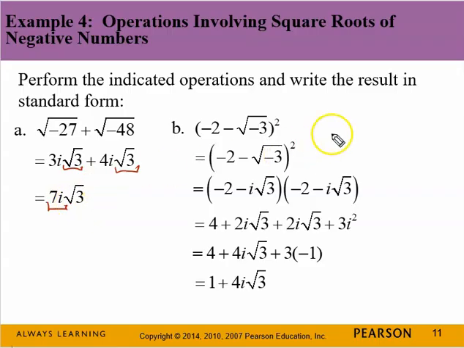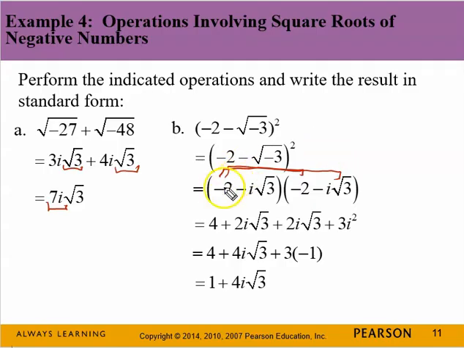Okay? Now here we're squaring this binomial, and again, what we have to do in this square root of negative 3 is take the i out. And we can expand it like so, and then FOIL. So negative 2 times negative 2 is 4.